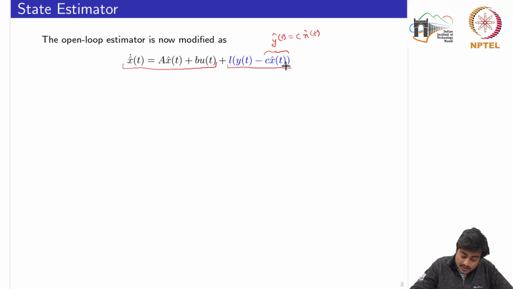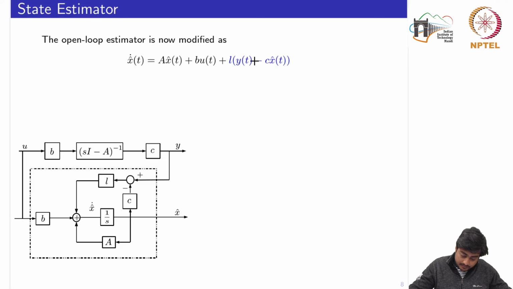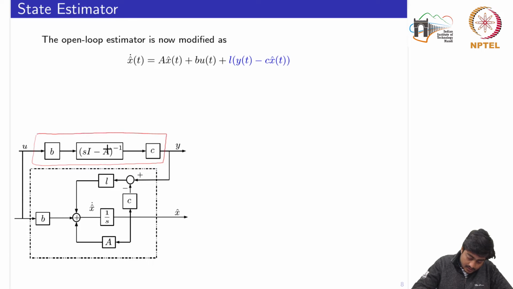So introducing this term will bring some advantages to the estimator. If I see its construction, this is the plant again. Now I have written it using the complex variable s in the frequency domain.